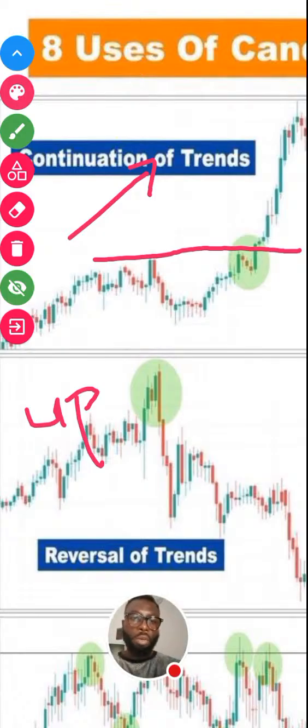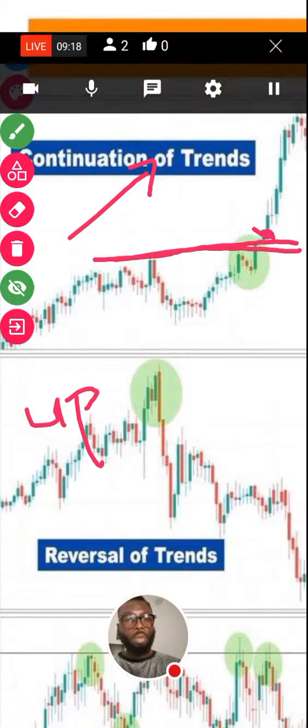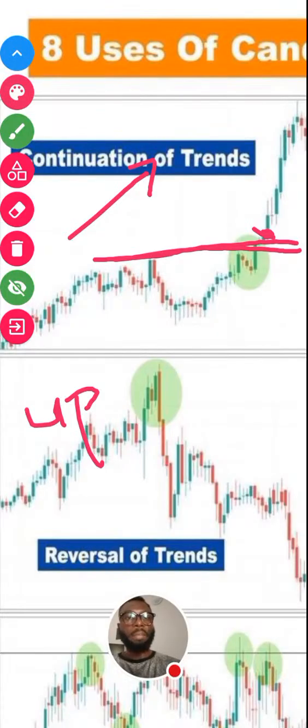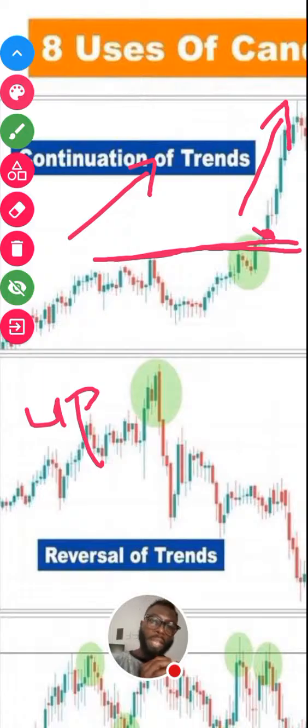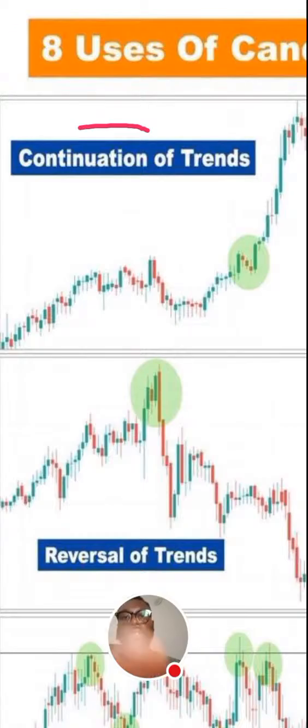Now, look closely, you will see that this was a zone here, and this zone was broken at this point where this bullish candle broke it. Once that zone was broken, you can see the market continue going up. So once you see that, you know this is a continuation, just as it is written here, continuation of the trend.